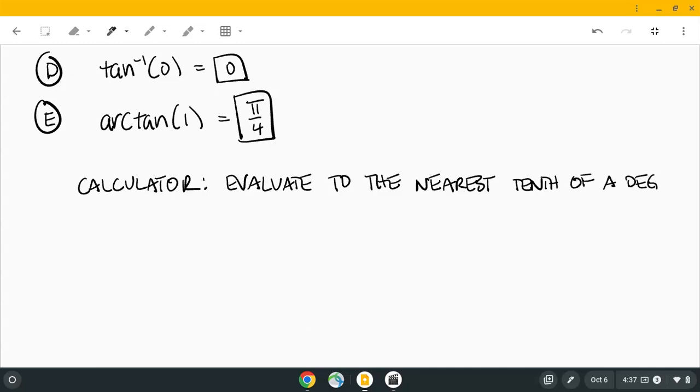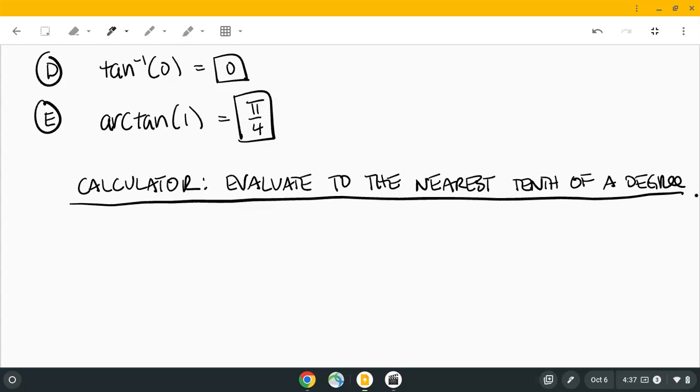Whenever you're doing your assignment and it says submit your answers in degrees or radians or whatever it is, make sure you're in the correct mode. Use correct mode. So here it's going to be degrees.